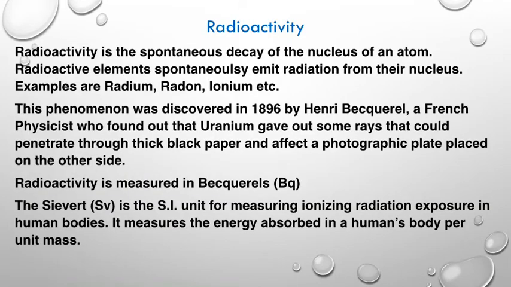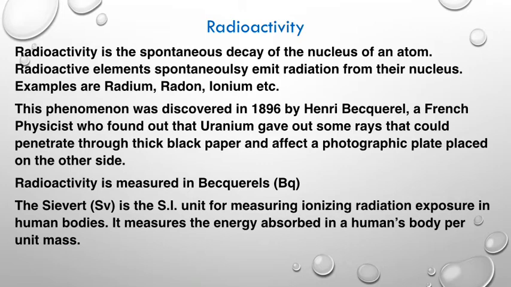Now let us look at how to define radioactivity. Radioactivity is the spontaneous decay of the nucleus of an atom. Radioactive elements spontaneously emit radiation from their nucleus. Examples of radioactive elements are radium, radon, ionium, and we have quite a number more.